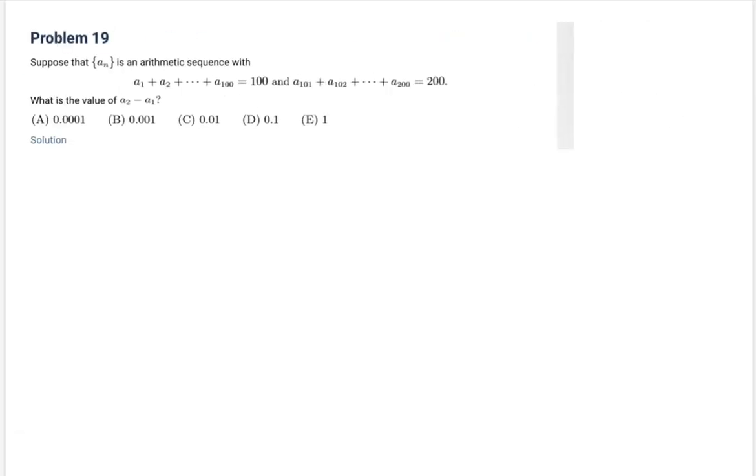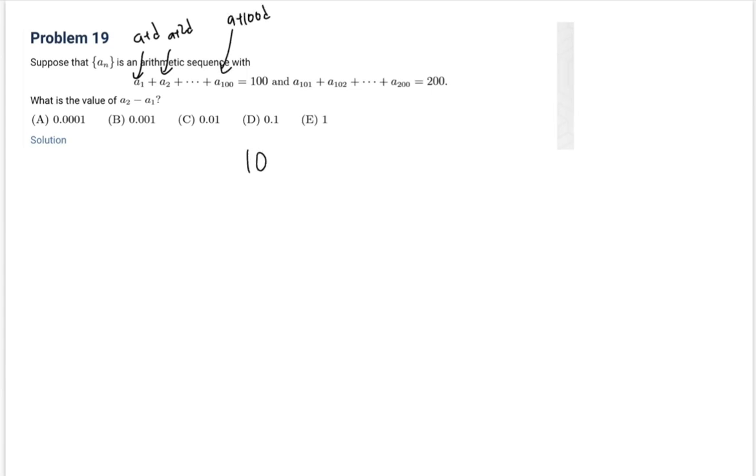Number 19. Suppose that A_n is an arithmetic sequence with A1 plus A2 plus all the way to A100 is 100, and A101 plus A102 plus all the way to A200 is 200. Okay, so let's make A1 equal to A plus D, A2 equal to A plus 2D, all the way to A100 is A plus 100D.